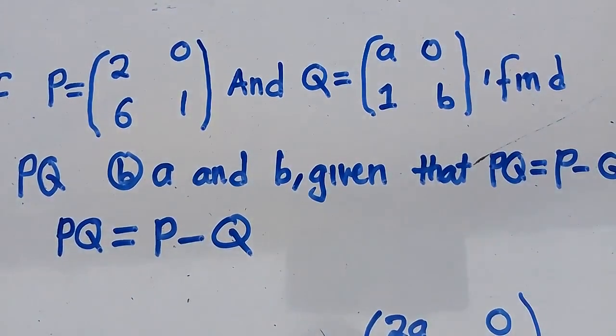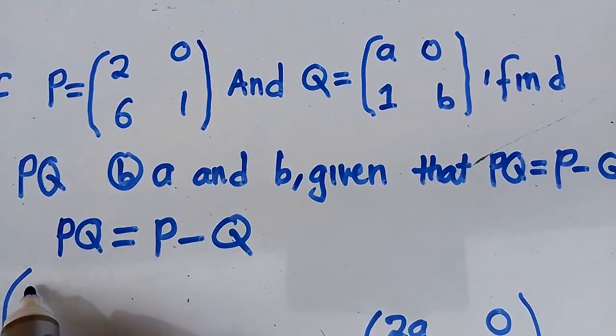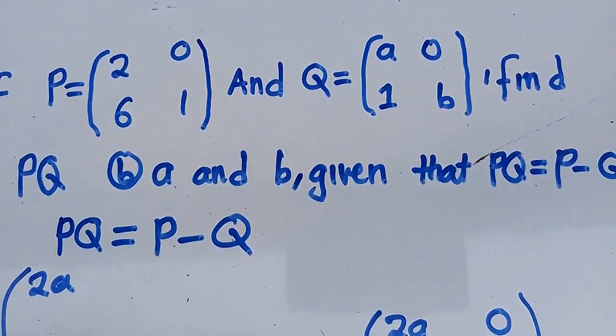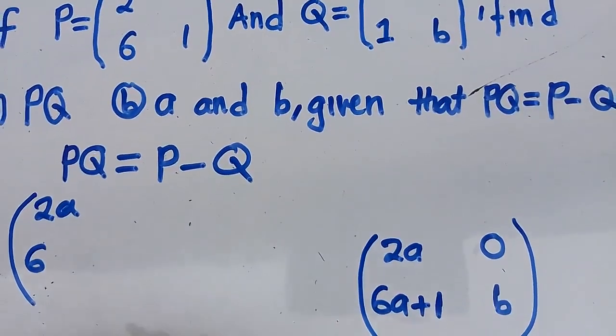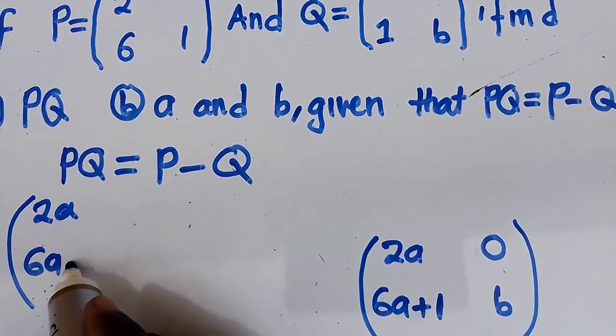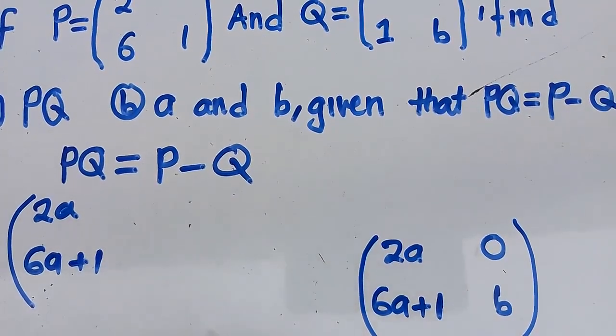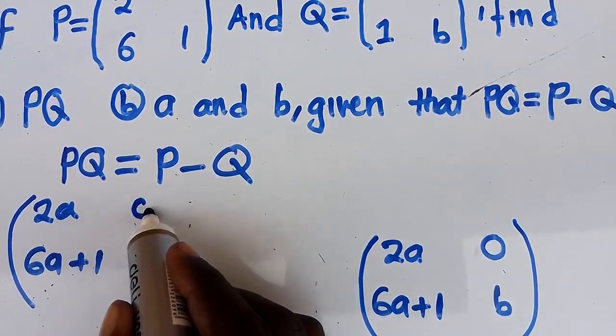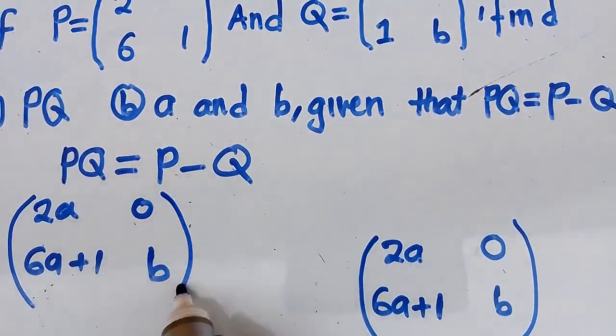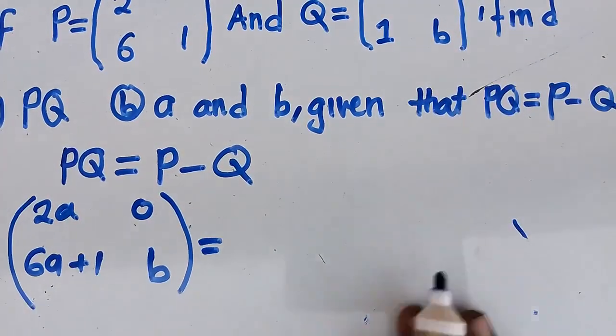Yes, you have PQ. So you put PQ this side, which is 2A. Then here there is 6A plus 1. Then here I say there's 0. Then here there is B.